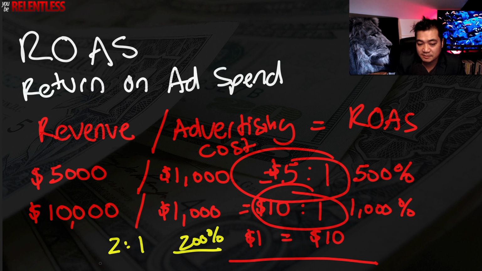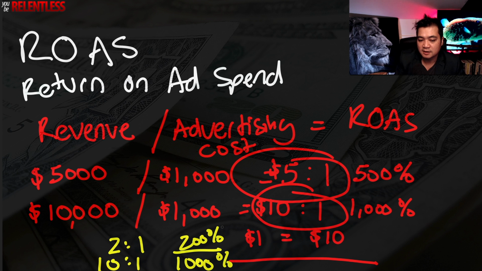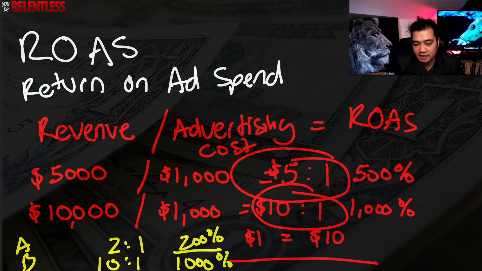Let's say that I did something else and it was a 10 to 1. So we know that that's a 1,000% increase. So let's say we got two campaigns, campaign A and campaign B. We're looking at these two. So let's say we want to increase this campaign from 2 to 10.